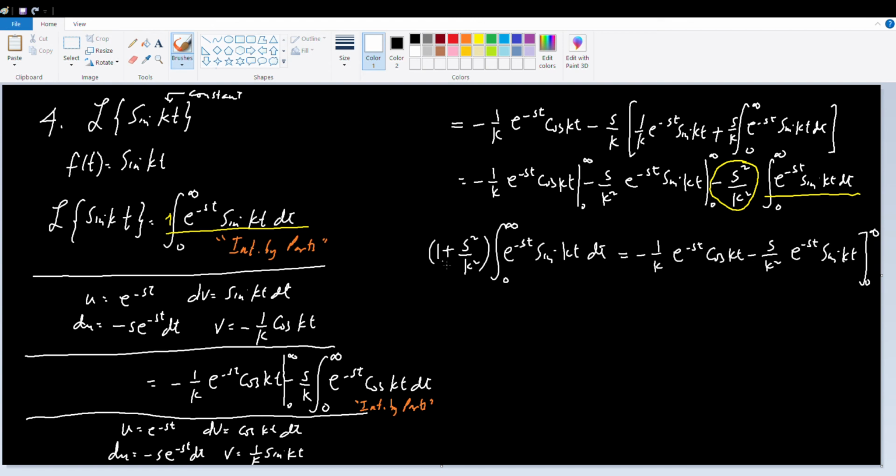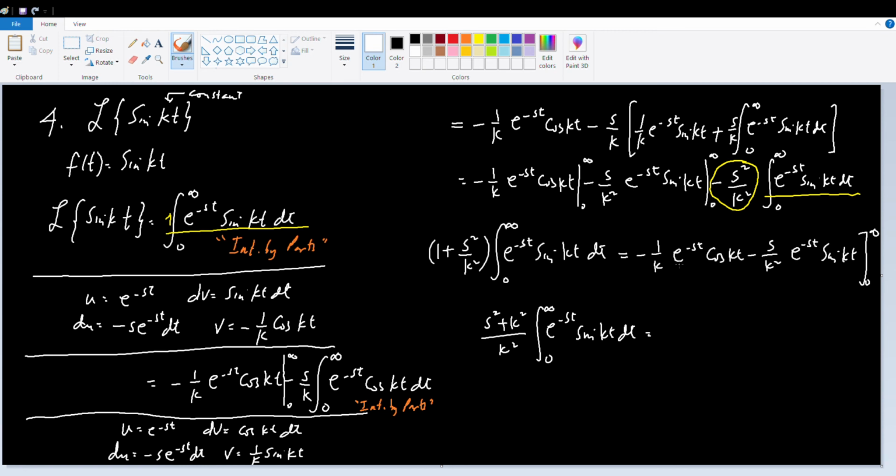Alright, so 1 plus s squared over k squared gives us s squared plus k squared all over k squared integral of e to the negative st sine kt dt from 0 to infinity. So we evaluate the right side by substituting the upper limit infinity to t.